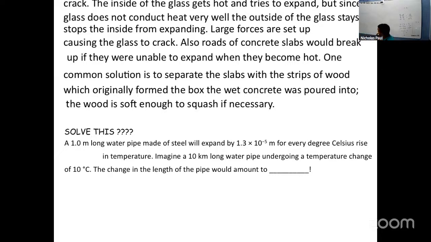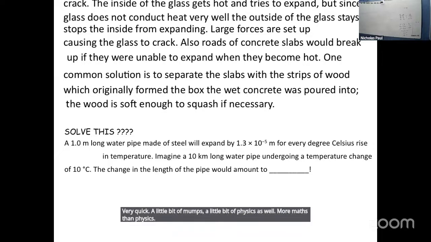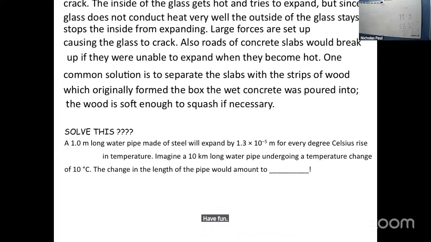Right, yeah, try quickly. A little bit of maths, a little bit of physics as well. More maths than physics. Have fun. Online, if you get your answer, no message.